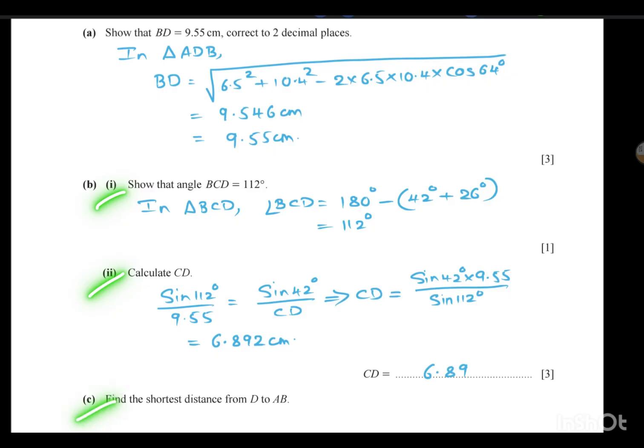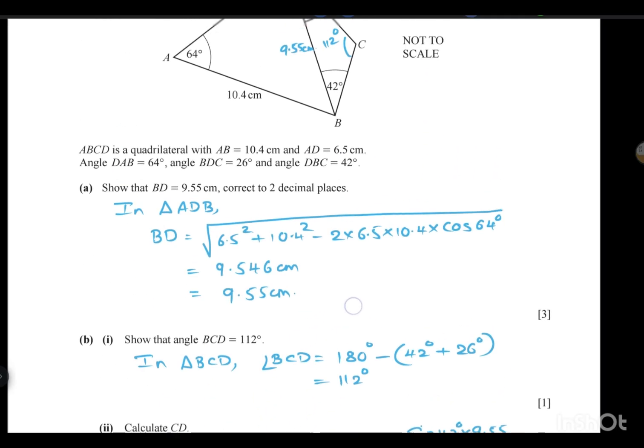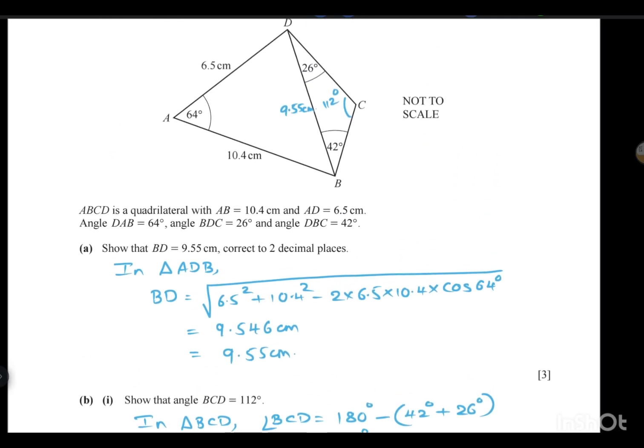Now we'll do C. Find the shortest distance from D to AB. Now shortest distance from D to AB is a perpendicular line from D drawn to AB. So this is the line. Here you have to mention that this is 90 degrees because it's a perpendicular line.